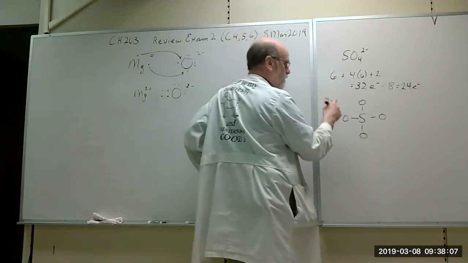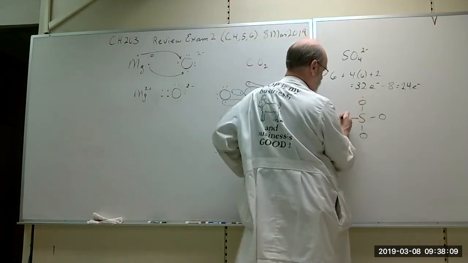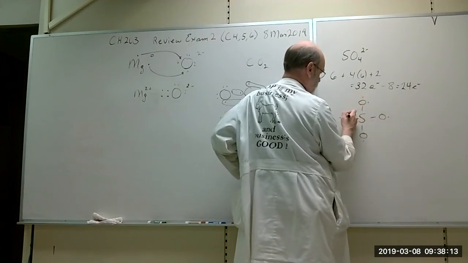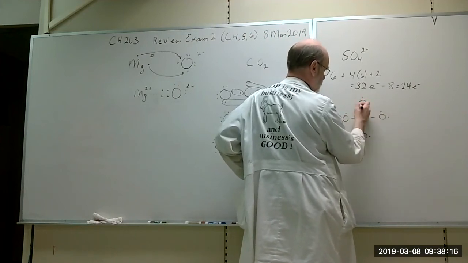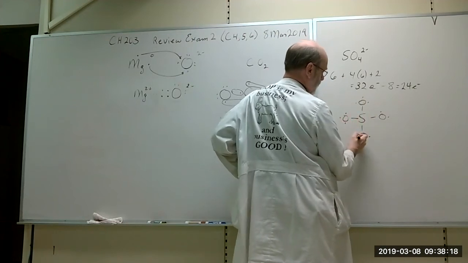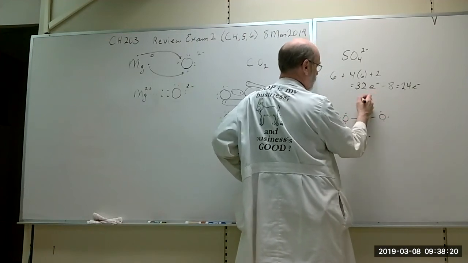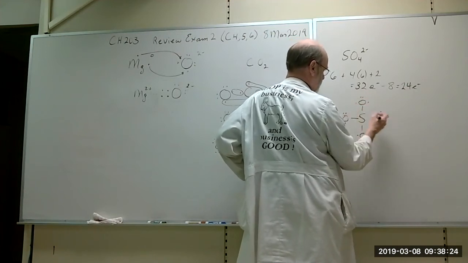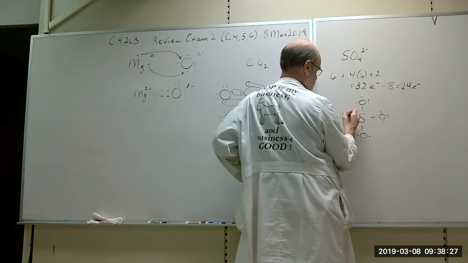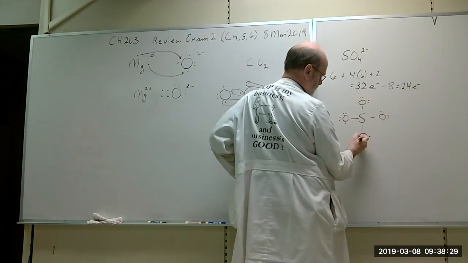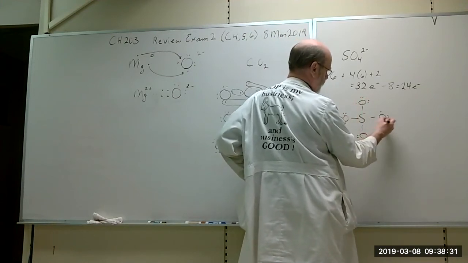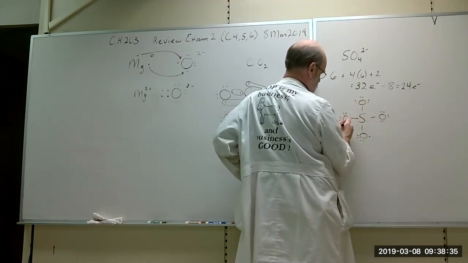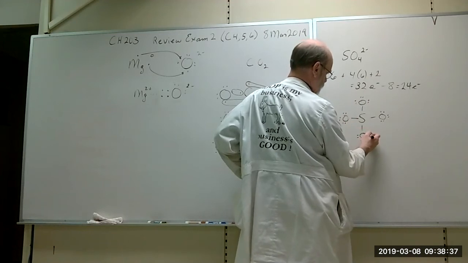So we want to place 24 electrons: 1, 2, 3, up to 24.